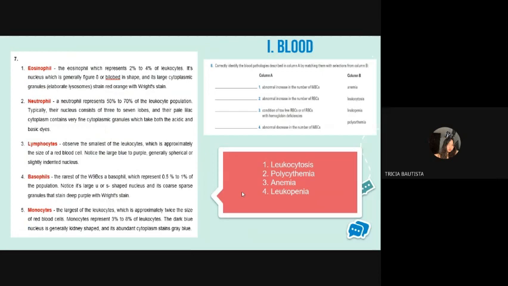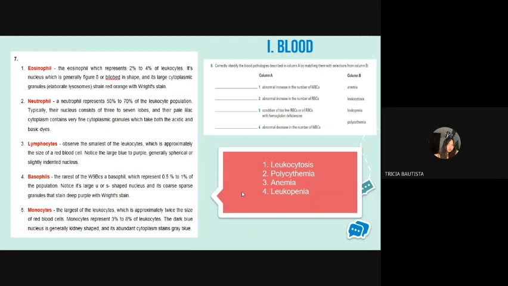So our answer is eosinophil. Number 2, it is a neutrophil, represents 50% to 70% of the leukocyte population. Typically, their nucleus consists of 3 to 7 lobes, and their pale lilac cytoplasm contains very fine cytoplasmic granules which take both acidic and basic dyes, which is a neutrophil.